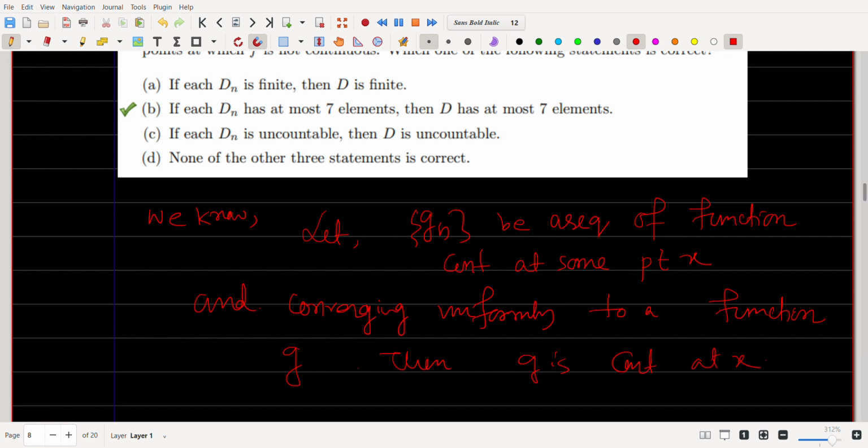This is a very important and basic result. You can also prove it simply, you can just easily prove it. This is a part of the sequence of functions proof, right?